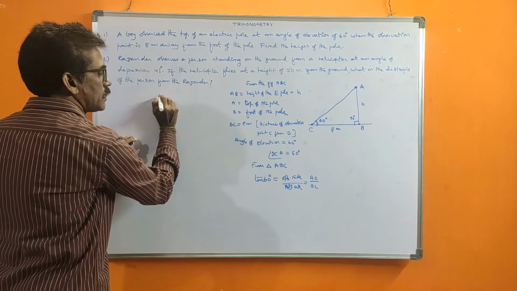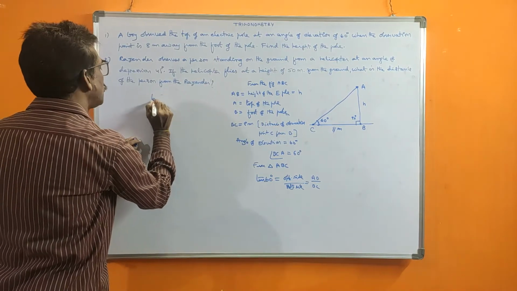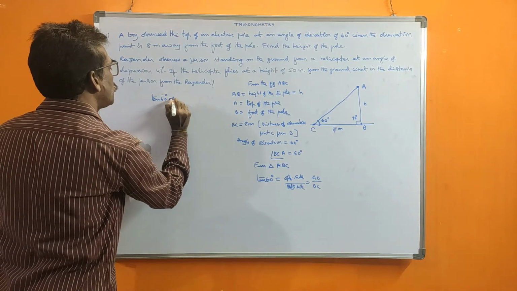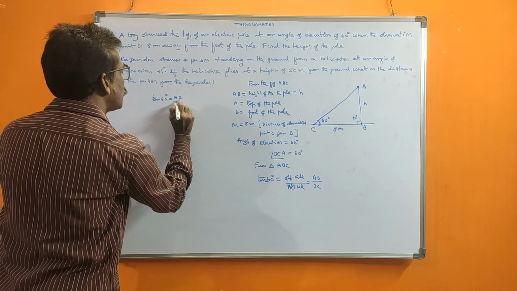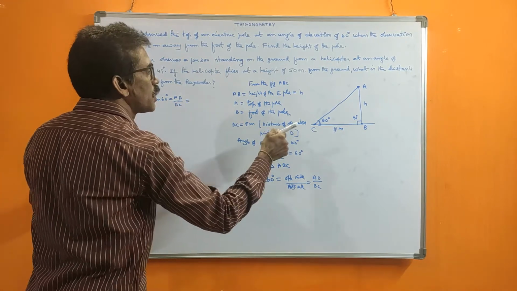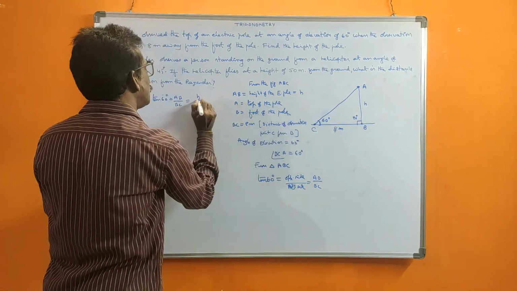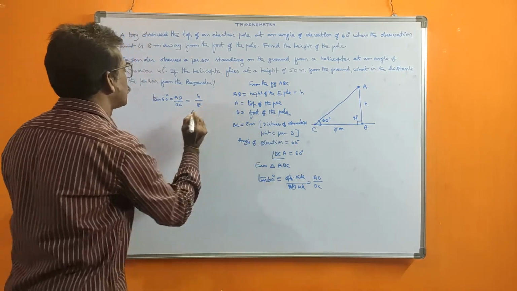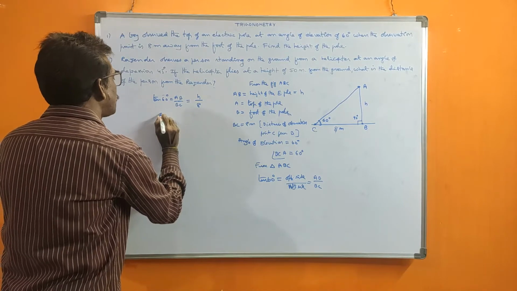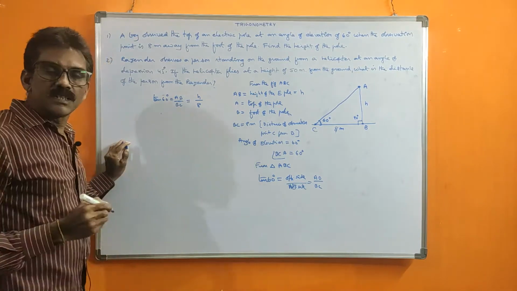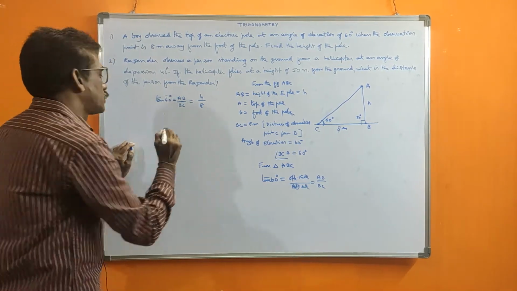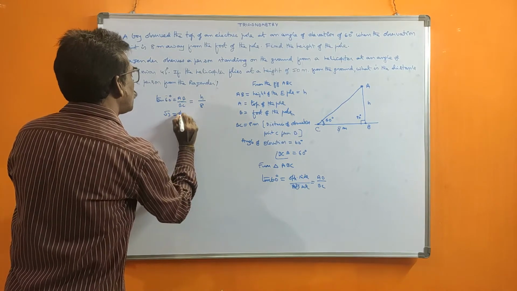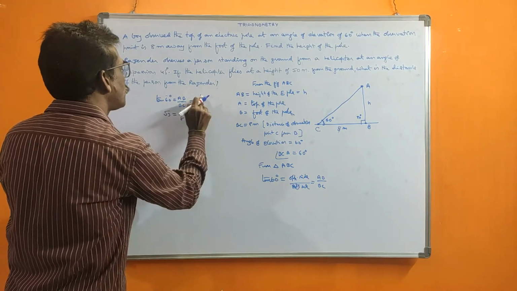So tan 60 is equal to AB by BC. AB is H, that is the height, and BC is equal to 8 meters. Now tan 60 means what? We know the tan 60 value: root 3. So root 3 is equal to H by 8.